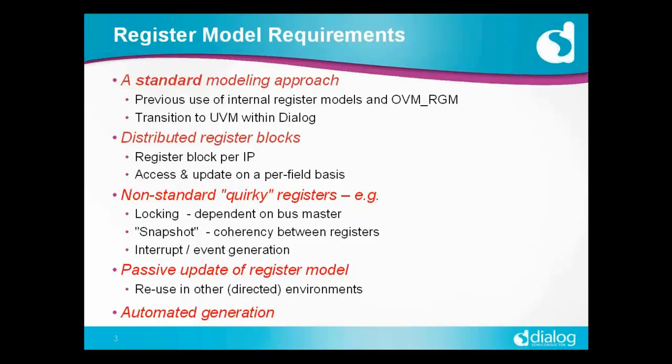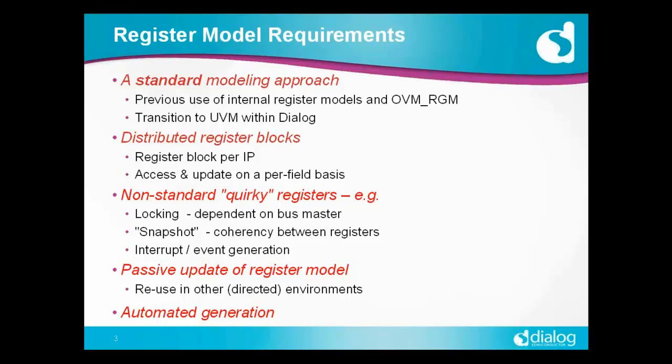The other requirement is that we need to run our UVM environments in other directed chip-level environments. So it's not good enough to rely on a UVM reg sequencer all the time to make it work. We have to have a mechanism of updating and checking the register model in our UVM environment, which works in a passive mode.